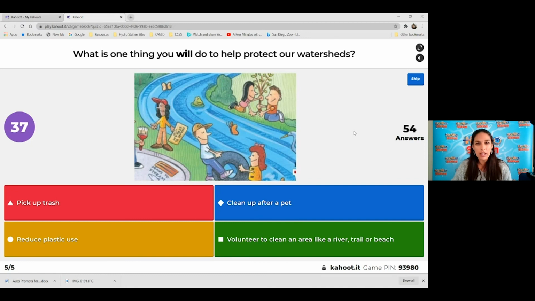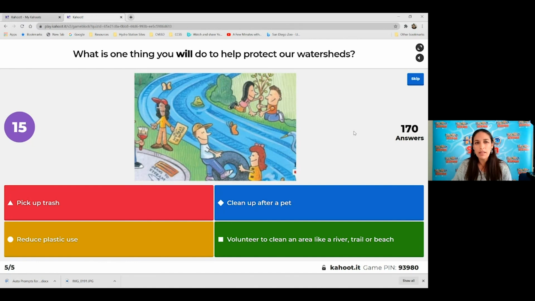Would you yellow circle, reduce plastic use? Would you blue diamond, clean up after a pet? I know one friend already is going to answer that. Or would you green square, volunteer to clean an area like a river, a trail, or a beach?